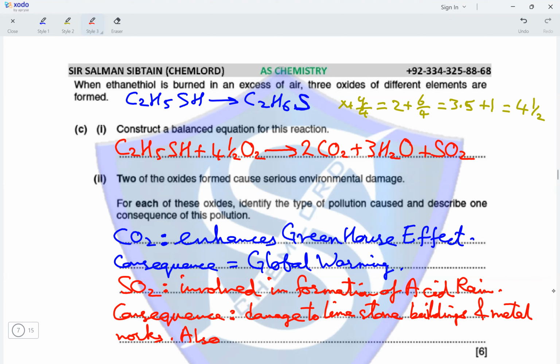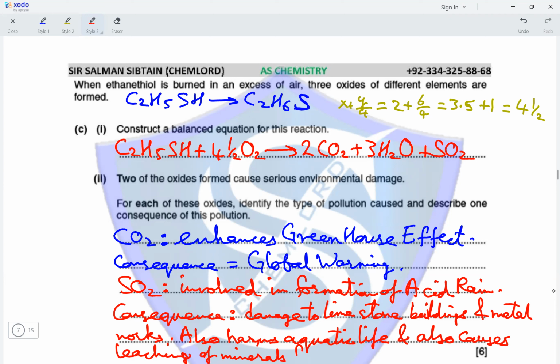Also harms aquatic life, and also causes leaching of minerals from soils.